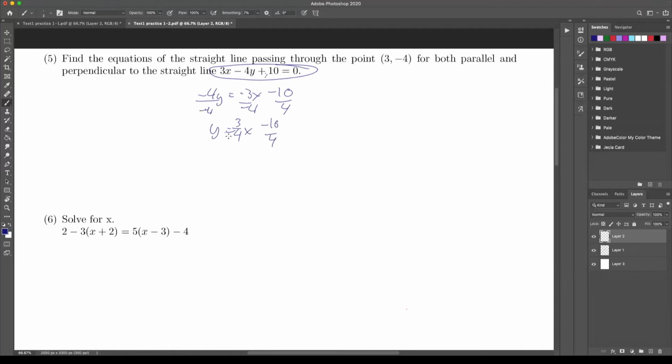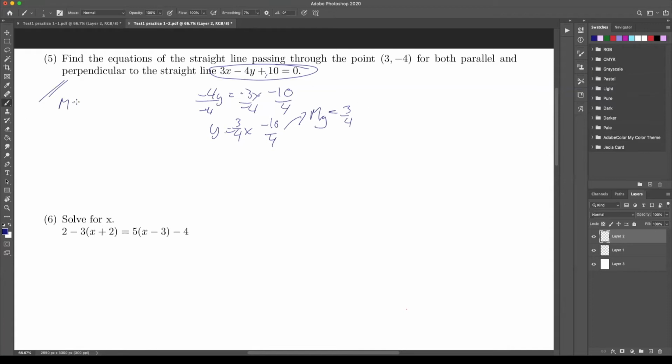Do we care what this is? No. We just want to know that the slope of my given line, m, or the slope of the given line, so I'm going to just put a little g here, is 3/4. So that's what my m is. For the parallel line, I'm going to use that m.